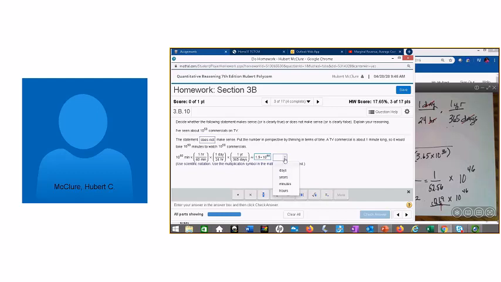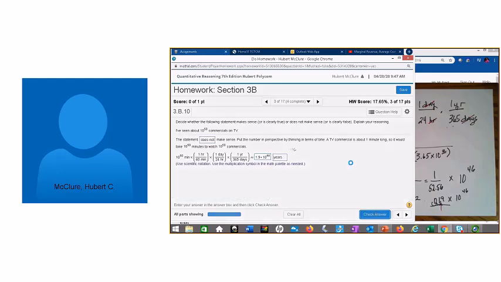What does this say? Years. Right? Yes. That doesn't make any sense. Too much. There's no way. We got it right.